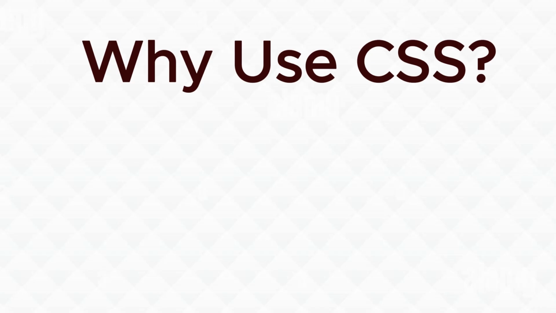So why do we use CSS? Why shouldn't we use only HTML? If we can use HTML to create a web page, why don't we use only HTML, but rather use CSS to describe how the HTML should look? CSS is used to define styles for your web page, including the design, layout, and variation in display for different devices and screen sizes.